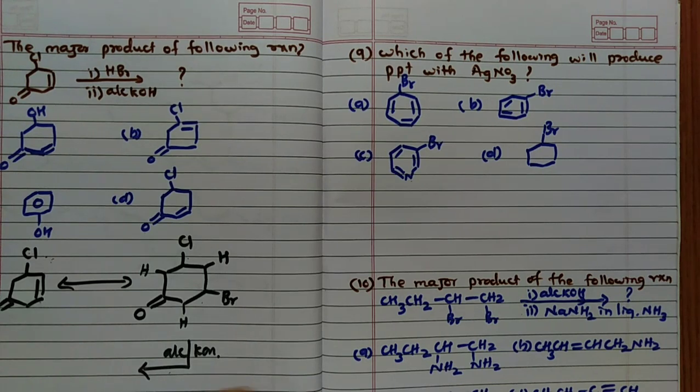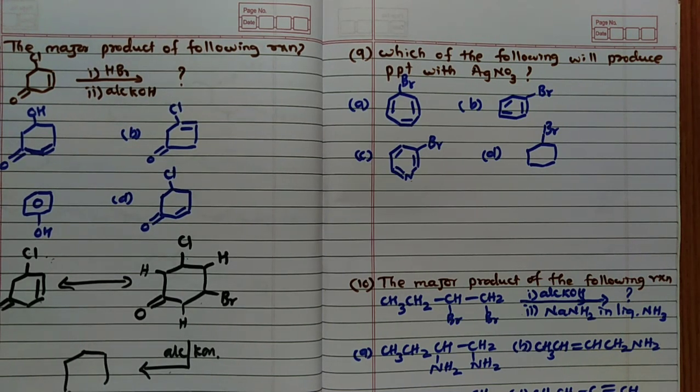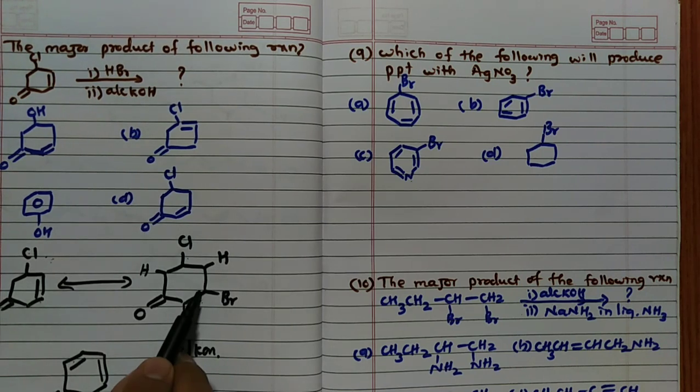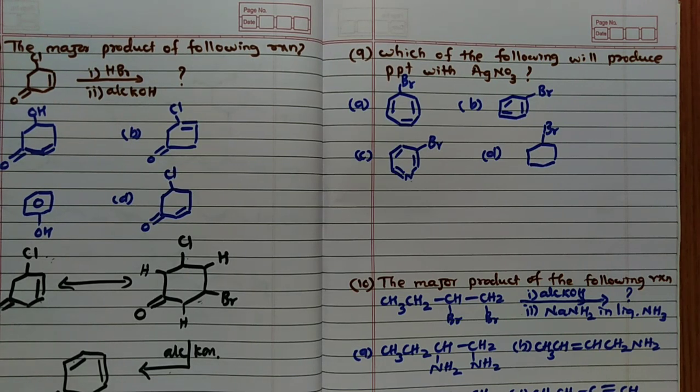The best option, remember, will go like this. This hydrogen and this Cl will be removed, so that you get double bond O, and here there is one double bond. Conjugated dienes are more stable, correct? So this hydrogen and this Br will be removed, so a double bond here. You can do it like this also. I have considered this choice.